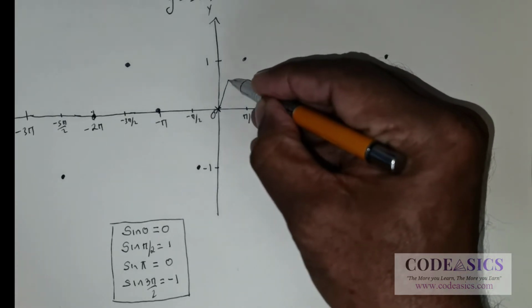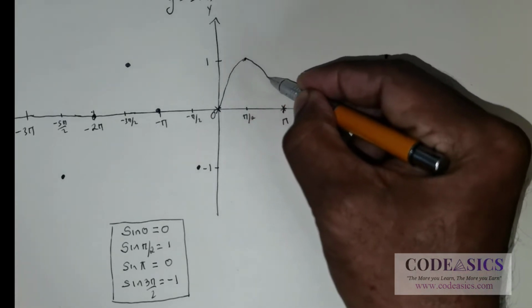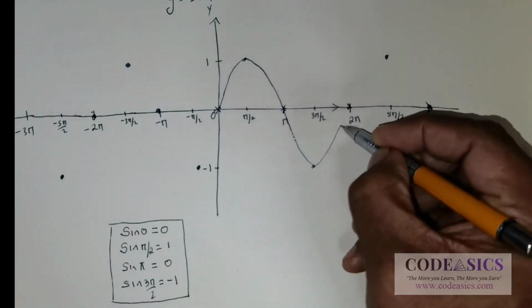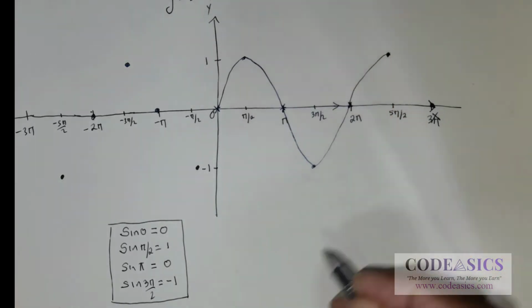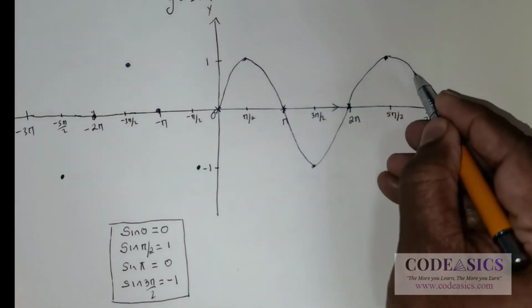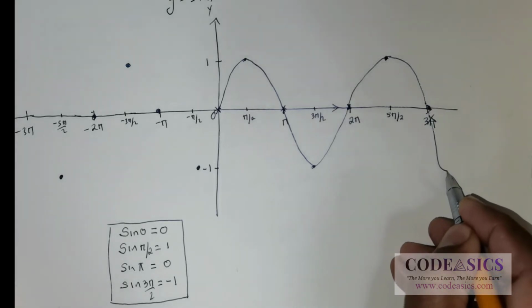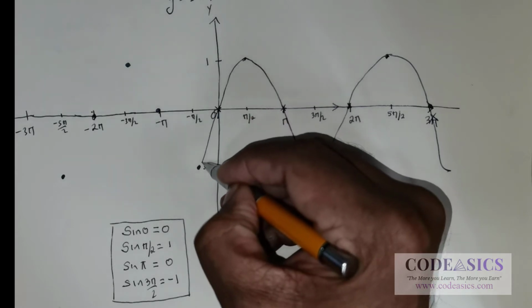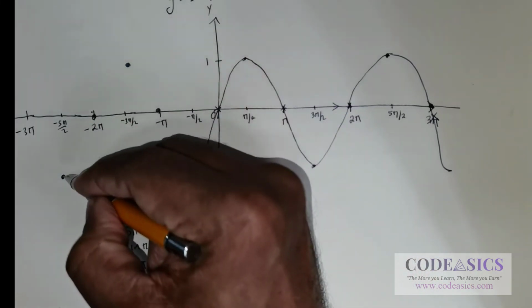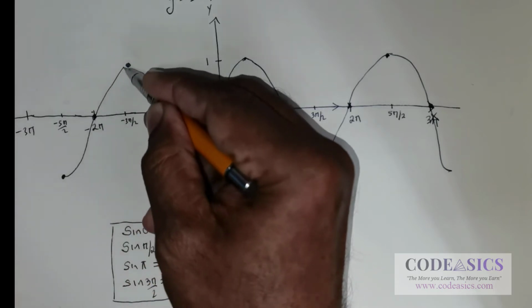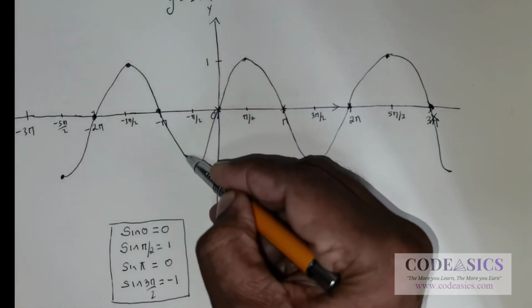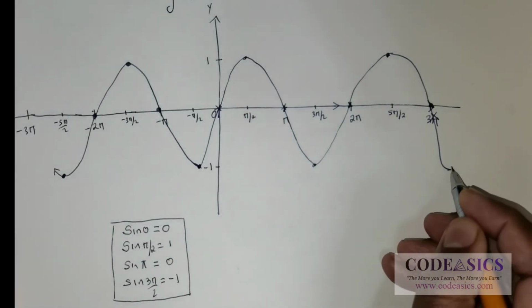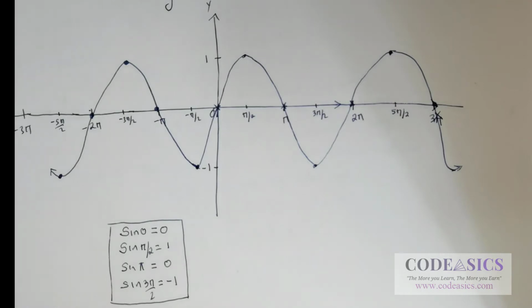So I start here, I hit it here, I come down. And over here it's rising. So this is the sine x graph.